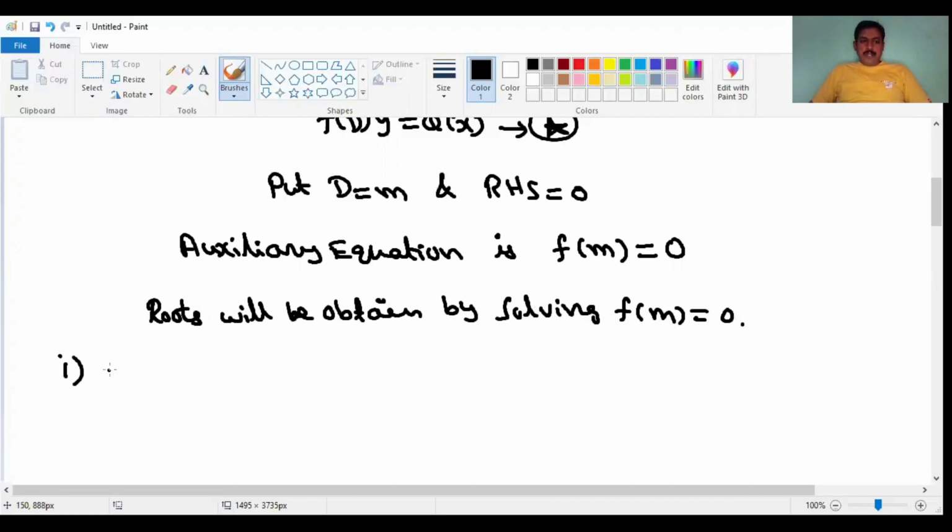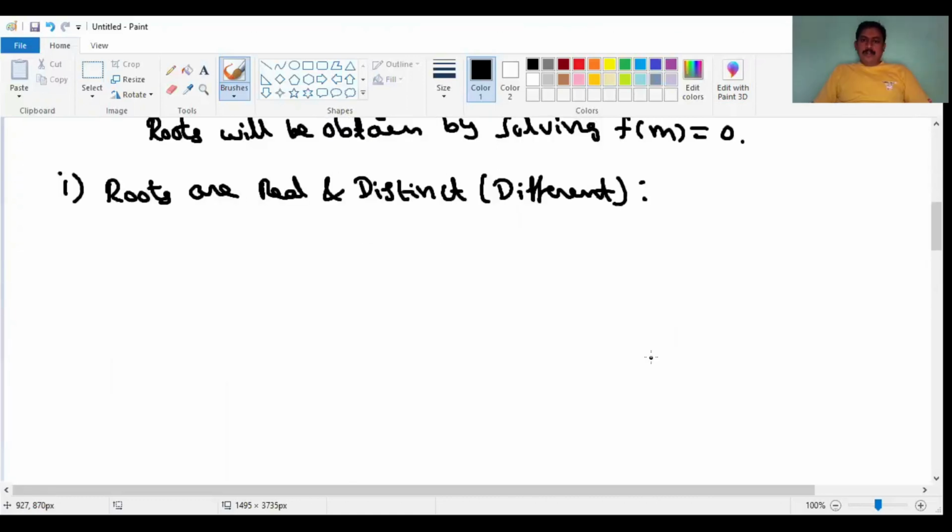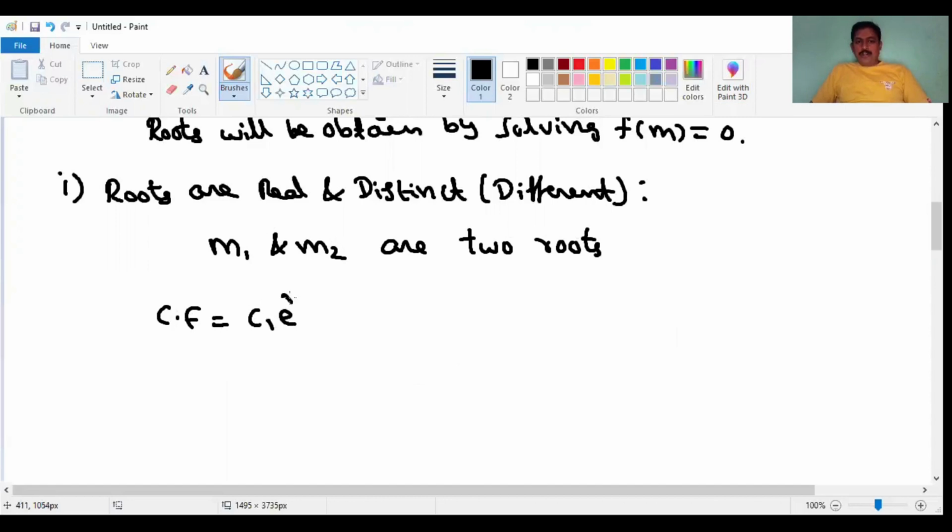Case 1, if the roots are real and distinct. Distinct means different. If you consider m1 and m2 are two roots, we can write our complementary function as: for each root we have to introduce a constant and write e power of that root. c1 e power m1x plus c2 e power m2x is the complementary function.